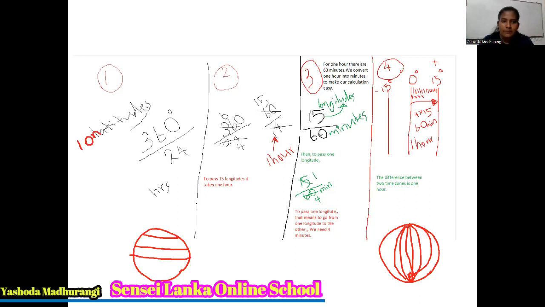First of all, tell me how many longitudes are there? There are 360. We are going to check how many longitudes we can pass within 24 hours.